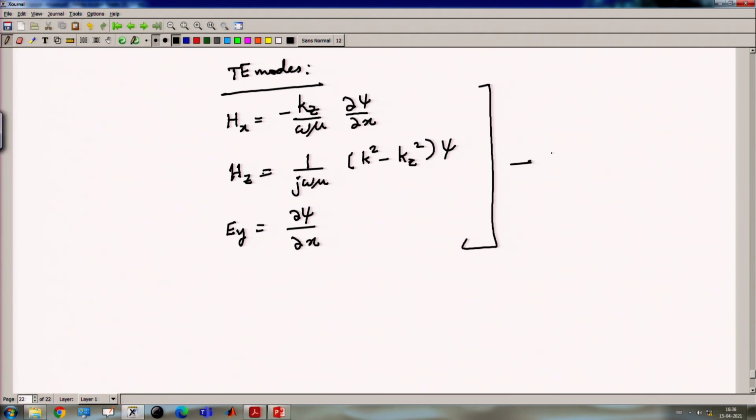So, let us call these sets of equations 31.